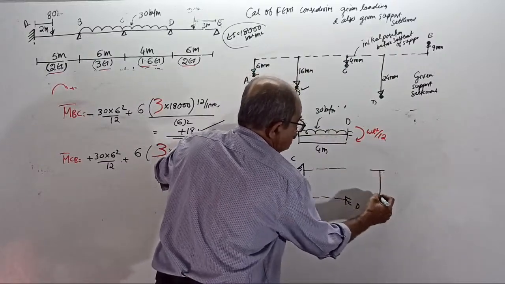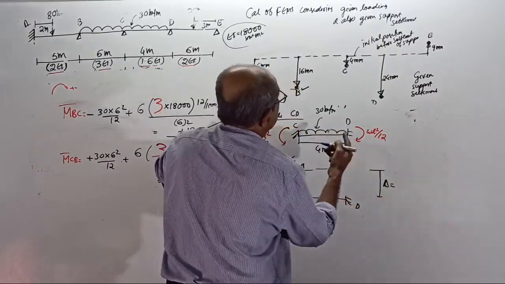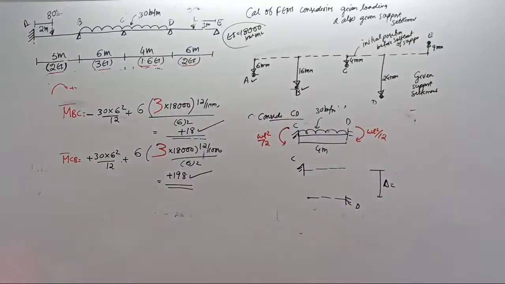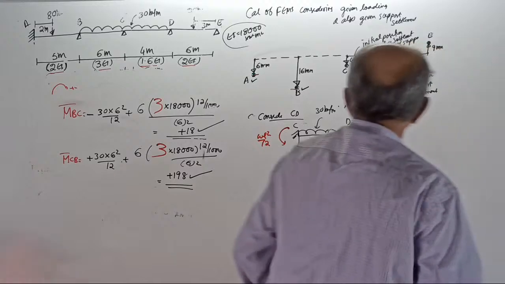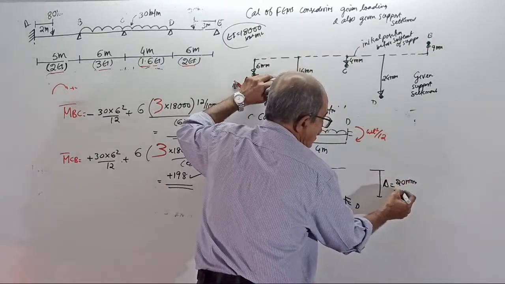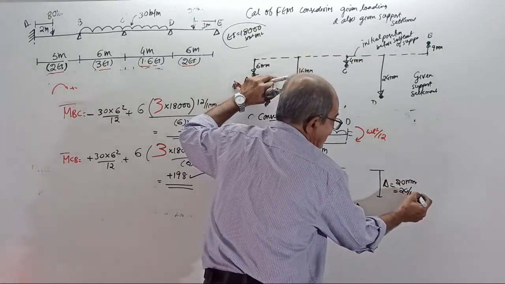So somewhere outside, delta equal to, tell me delta. Delta equal to 20 millimeter, or 20 by 1000 meter.